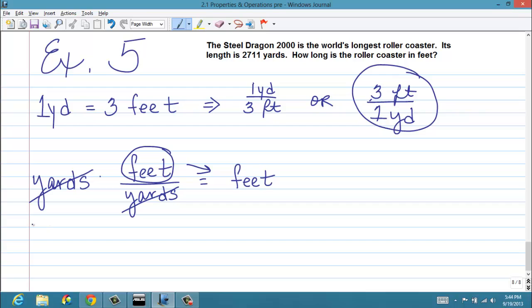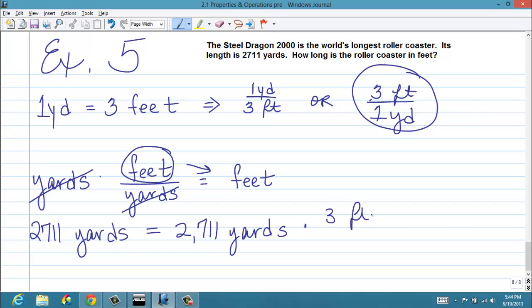So let's see here, 2,711 yards equals, oops, forgot my comment. So we're multiplying by the conversion factor, which is 3 feet over 1 yard. And I abbreviated, sorry. But at any rate, look, my yards cancel.